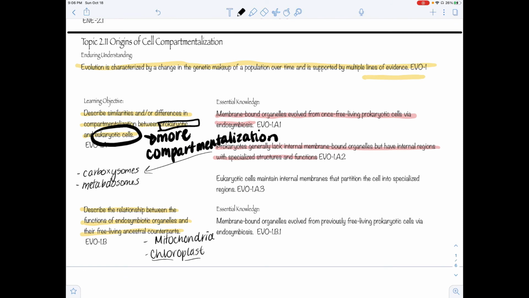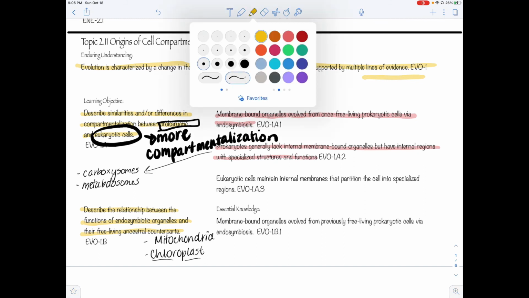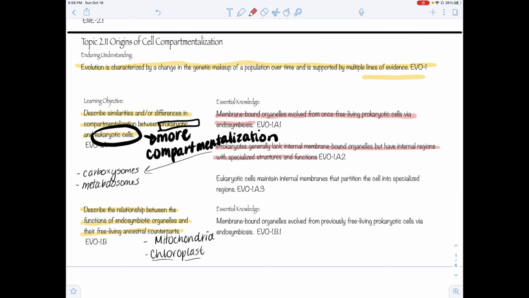And the same thing with chloroplast, the DNA that is found in chloroplast is actually very similar to bacterial DNA. And that again supports that theory that this must mean that chloroplasts were once prokaryotic and they became parts of a larger cell, becoming subcellular components of a eukaryotic cell.